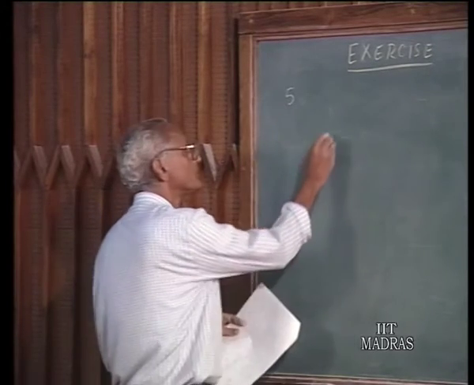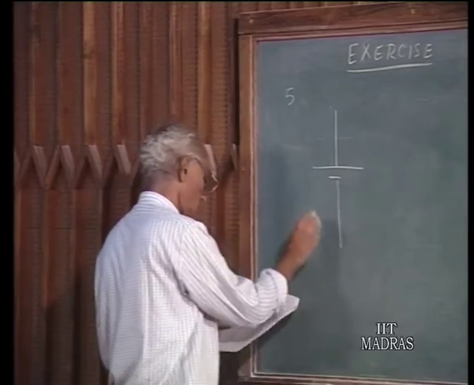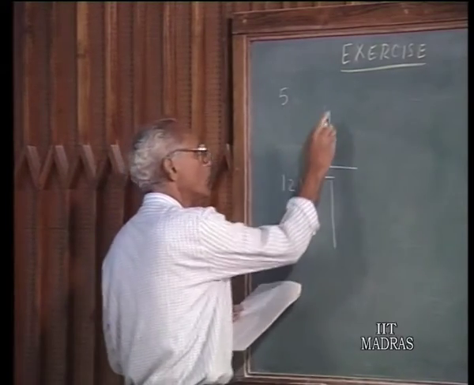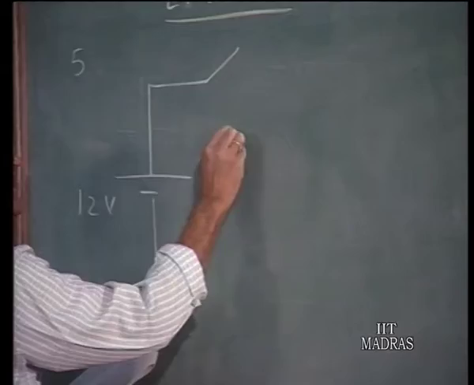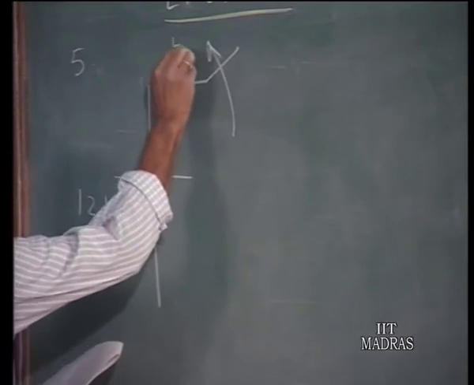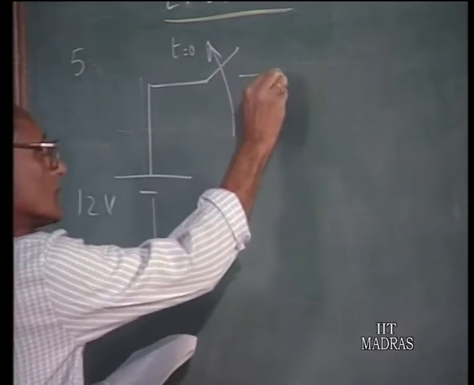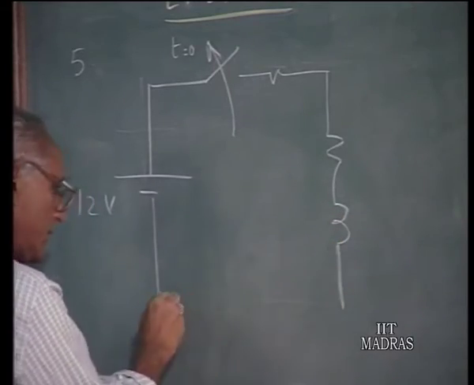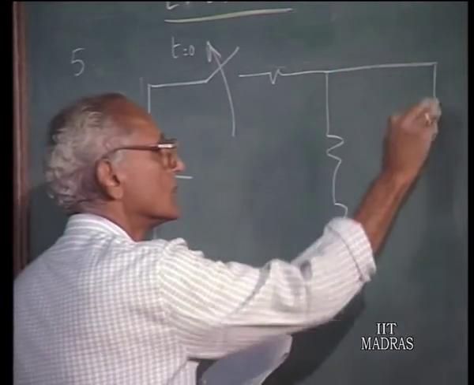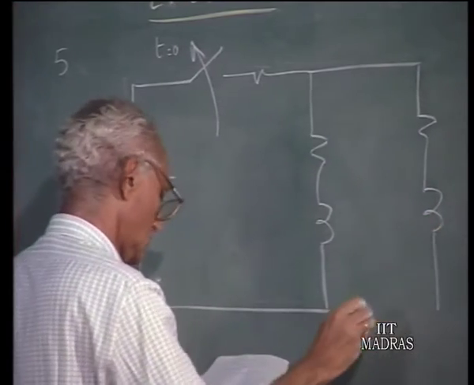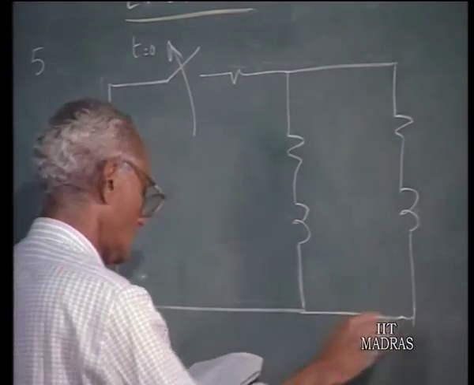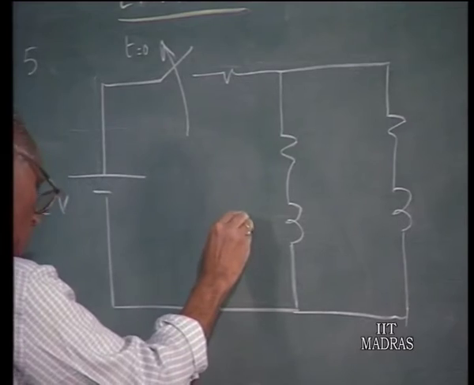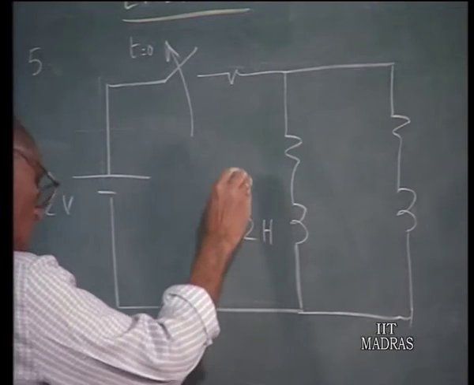Fifth problem, 12 volts. The switch is opened at t equals 0 after a long time, and you have a circuit in which you have two inductors. This is 2 Henries, 4 ohms.